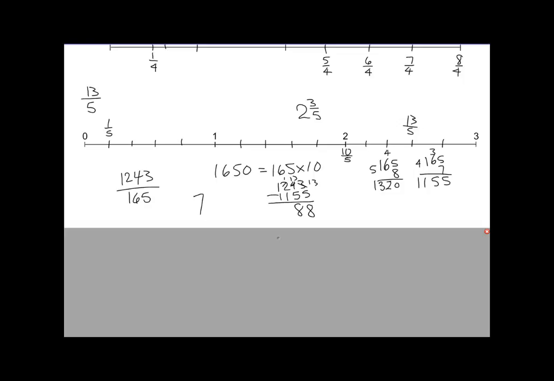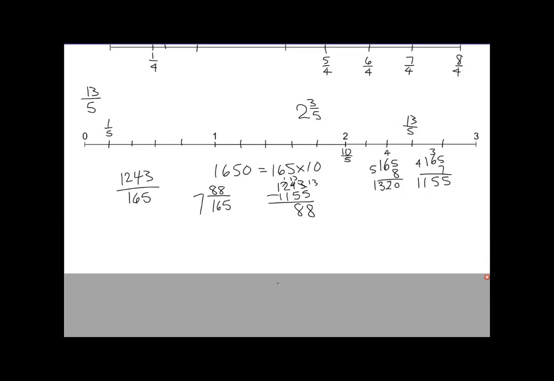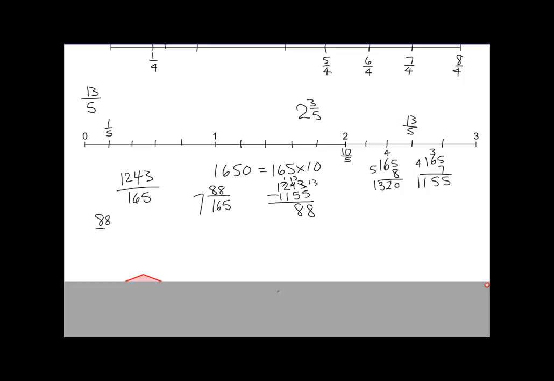So what we're looking for is 7 and 88 out of 165. So now we can use our benchmark idea. We know that 88/165ths is kind of close to a half. So half of 165 is 82 and a half 165ths. That's a half, and 88 is going to be greater than that.